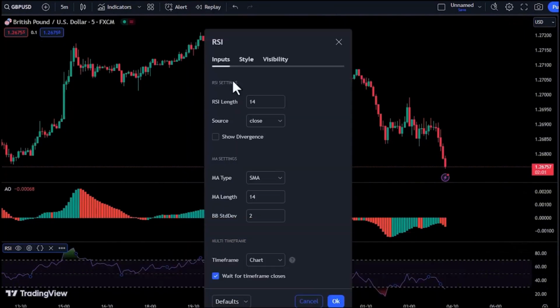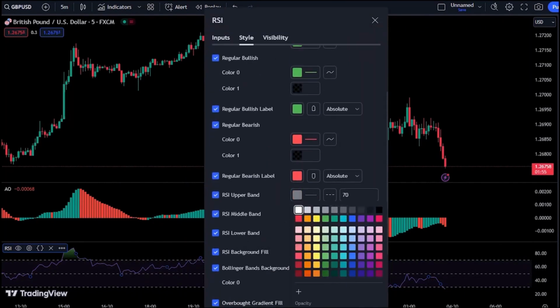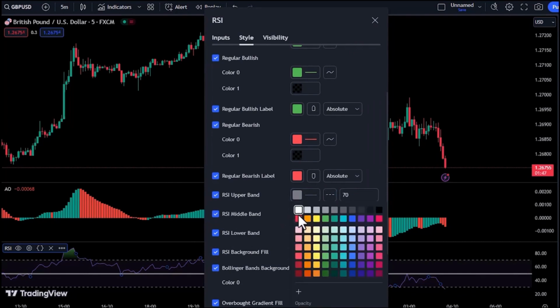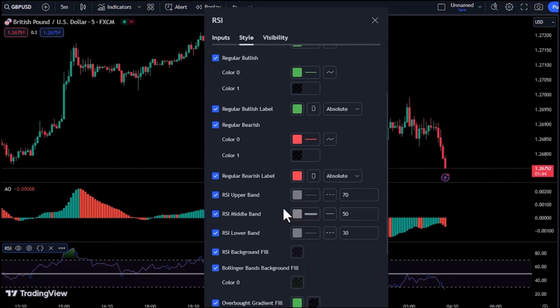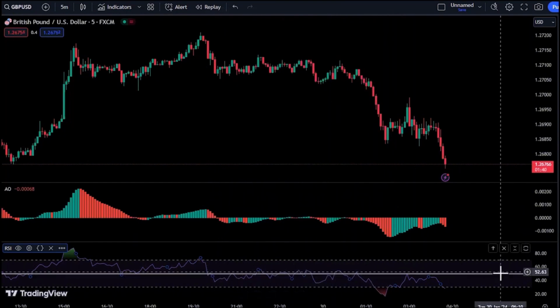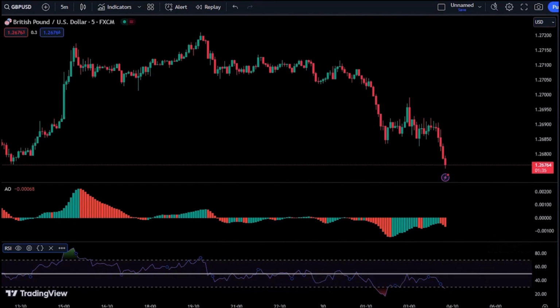And I will just make the middle line, the 50 line, white and a bit thicker. As you can see, I have made the middle line of the RSI bolder.